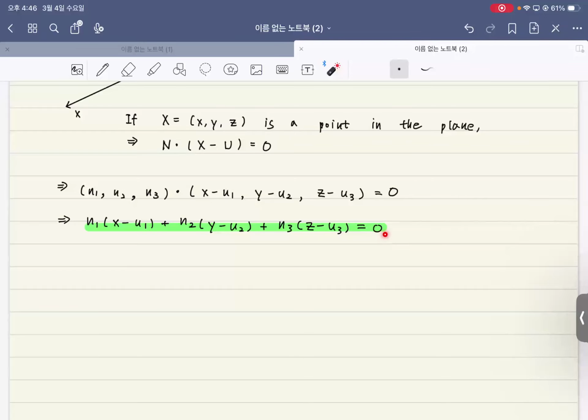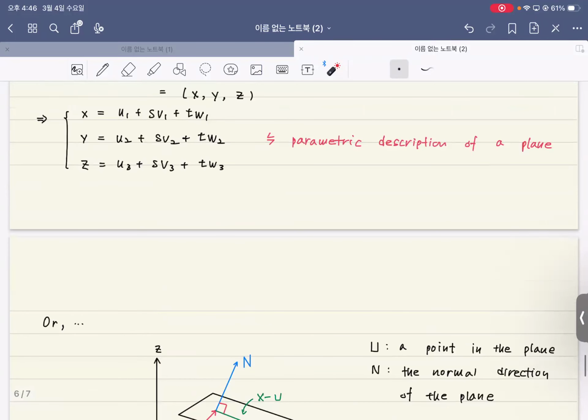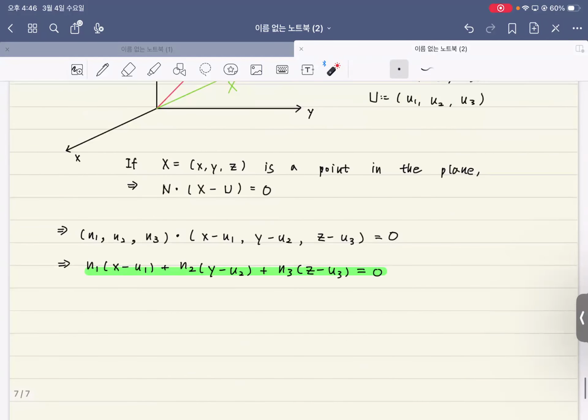And this actually gives the same information as the parametric description. But if you want to find the x, y, and z coordinates from this equation, then you will need to solve some relation, doing just a little bit of algebra. So these are the pros and cons of these 2 descriptions. Okay, so this is for today, and I will see you next time.